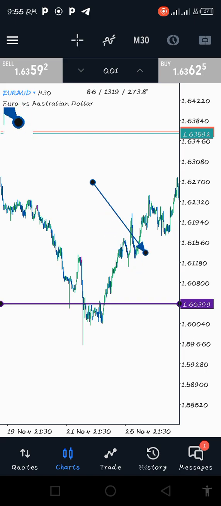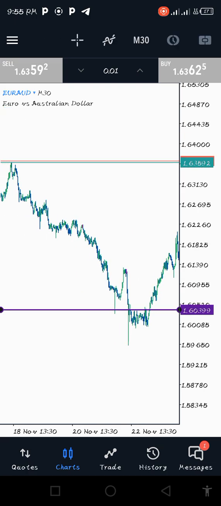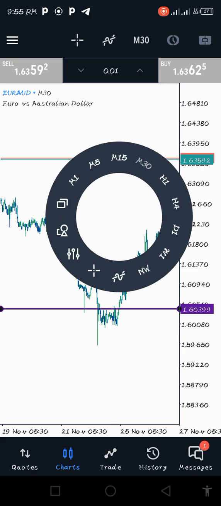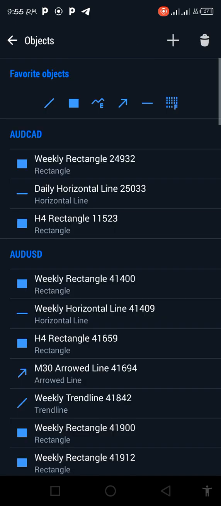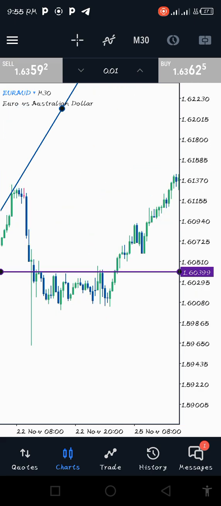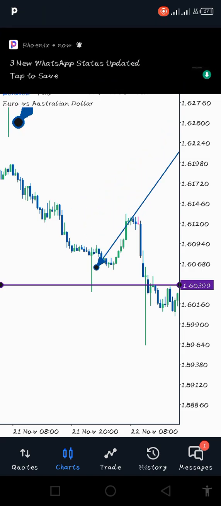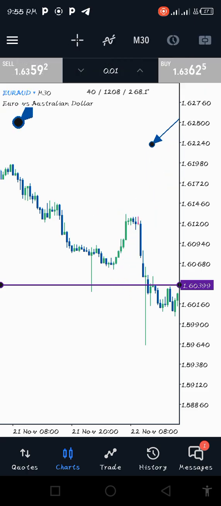So this was the last swing high. If this pin bar was so strong, it could have changed price from bearish to bullish, right?